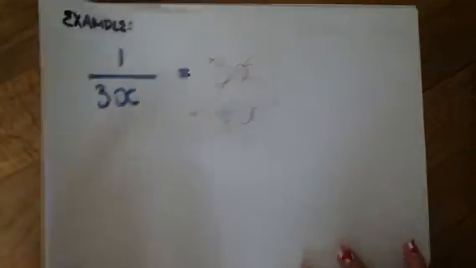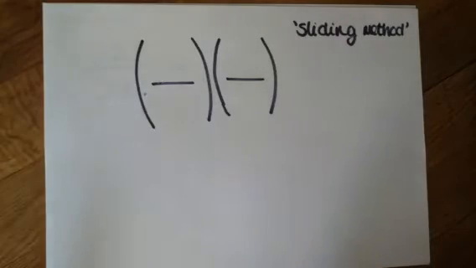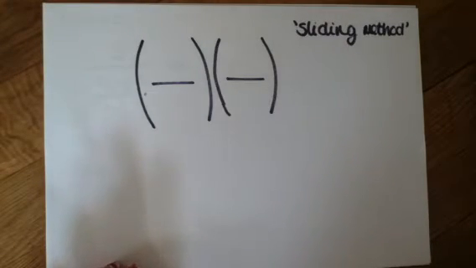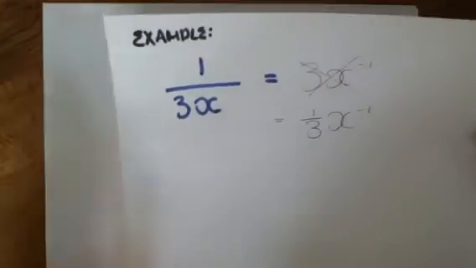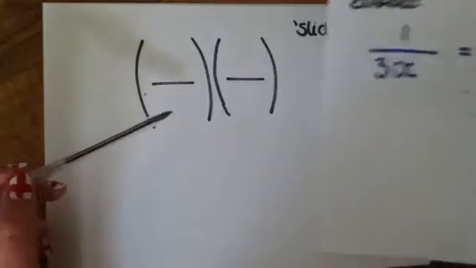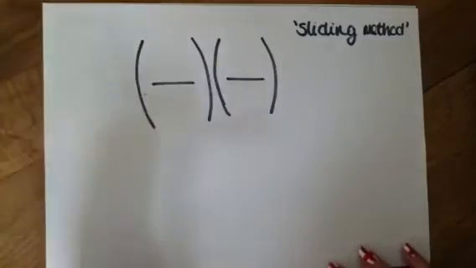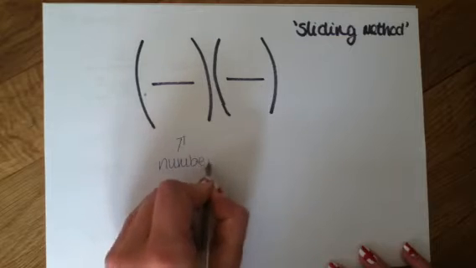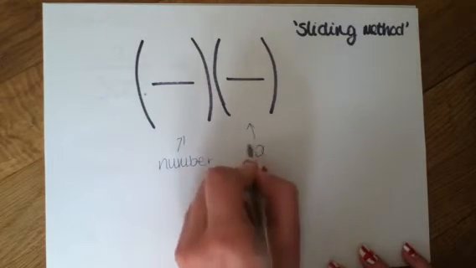And this is the method. It's called the sliding method. And what we do is we look at our example, so for instance this one, and we sort out all the numbers and all of the x's into these two brackets. So this becomes a number bracket, and this will be x's.